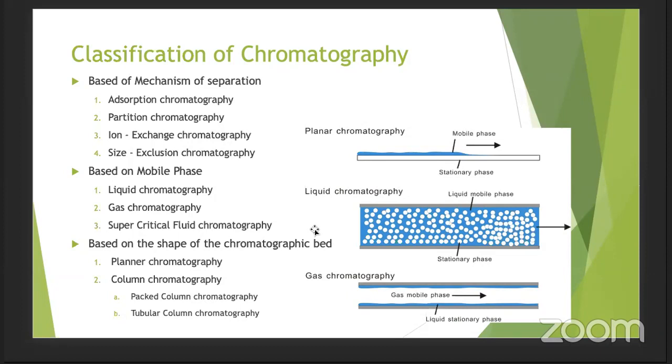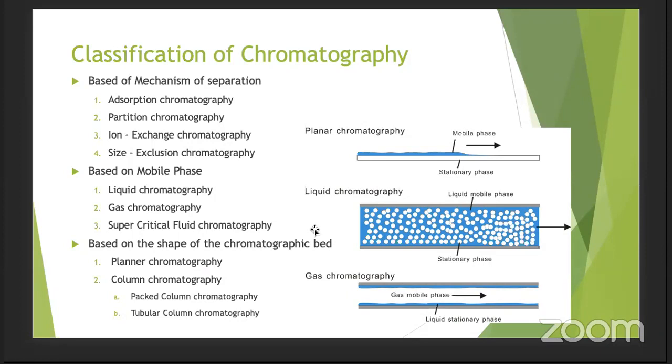And in supercritical fluid chromatography, the mobile phase that is used is a supercritical fluid. Now, what exactly is a supercritical fluid? A supercritical fluid is a substance above its critical temperature and critical pressure. It can exist in a liquid or a gaseous phase. An example could be carbon dioxide.